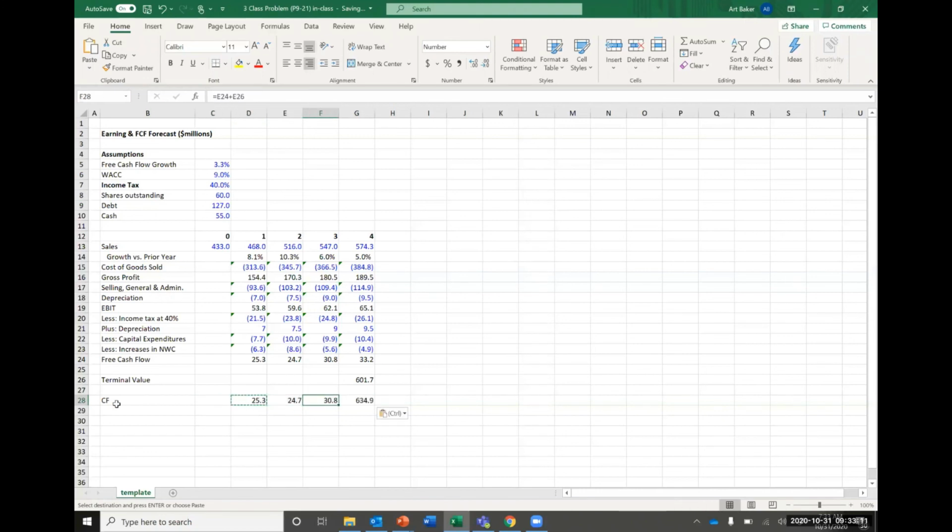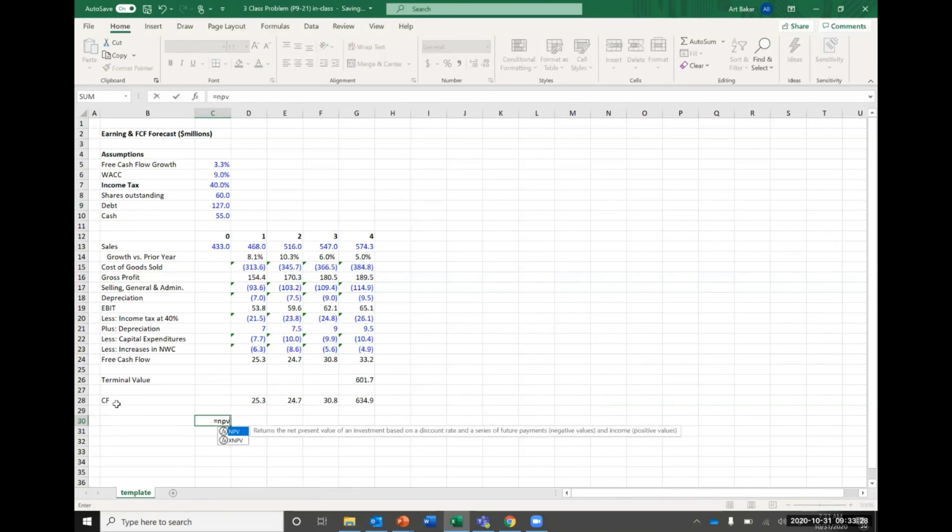It's cash flows in year 1 through 3, and then in year 4, it's terminal value plus the cash flow. And then for simplicity, I'll use the NPV formula. I'll say NPV, the rate is 9% for WACC, and the values are these cash flow values in the row above.